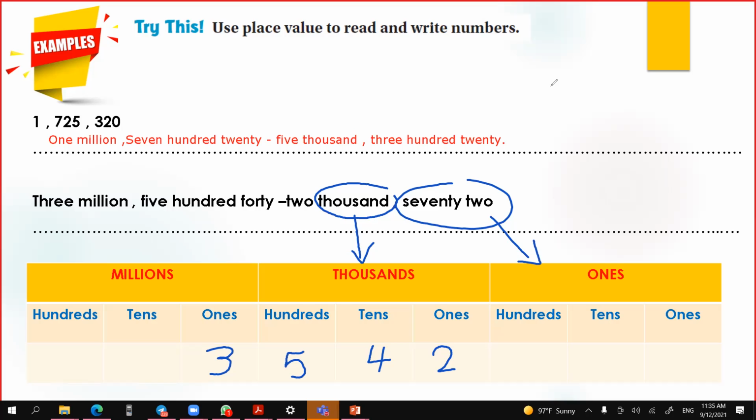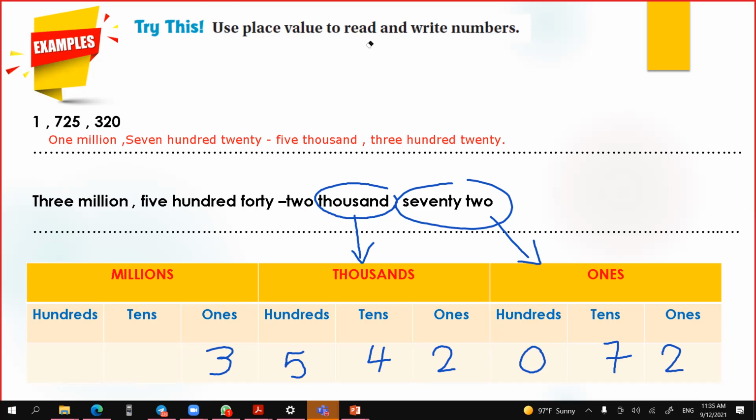72. How can I write 72? Is it like this? No, they didn't tell me 700. They say 72. It's mean tens and ones. And here, there's a room, and this room is empty, so I will add 0. Bravo.